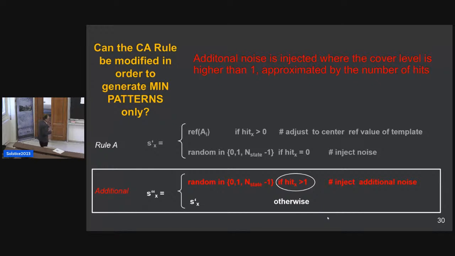The idea is to inject additional noise where you have a high cover level, where the hit number is greater than 1. And what is interesting, the hit number is an approximation of the cover level. The cover level you can compute globally, but the hit level is computed locally, so it is only an approximation. But interesting is that we can use this approximation to drive the evolution in the right direction.